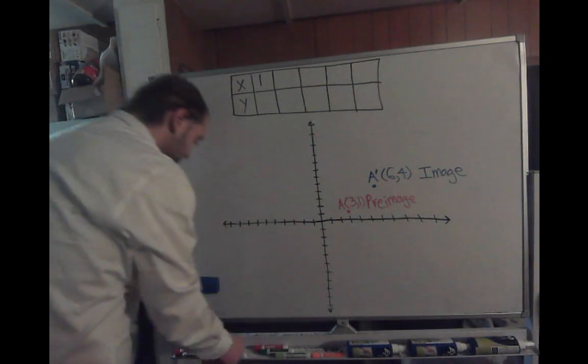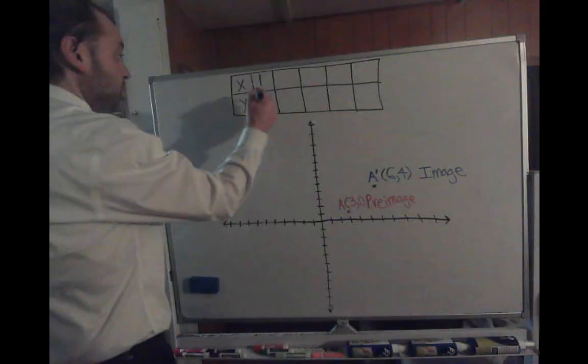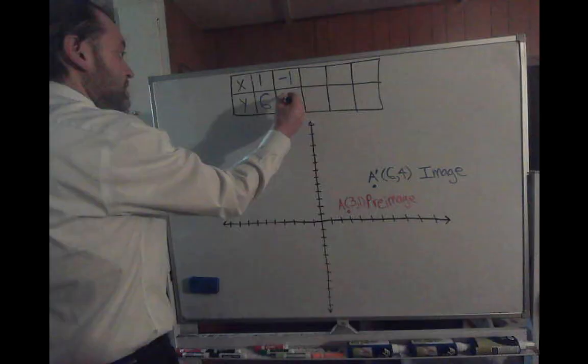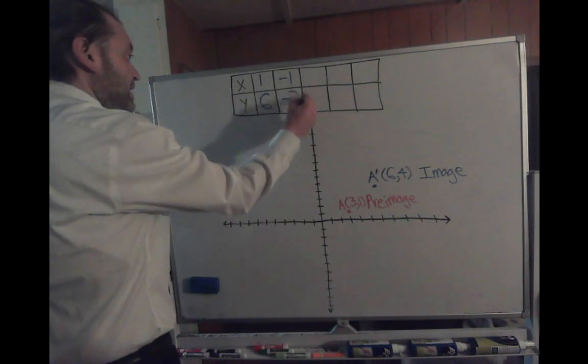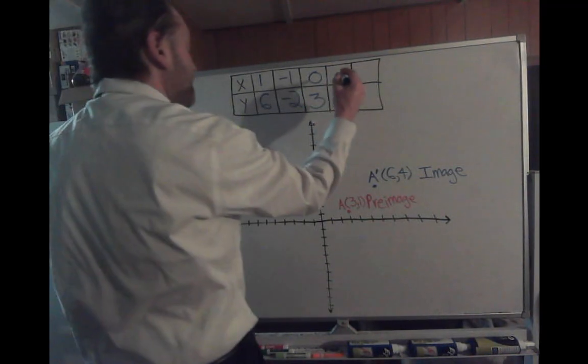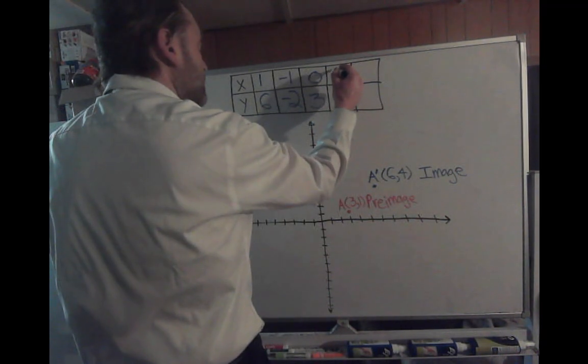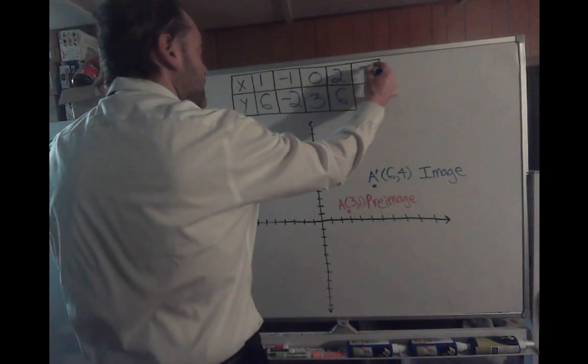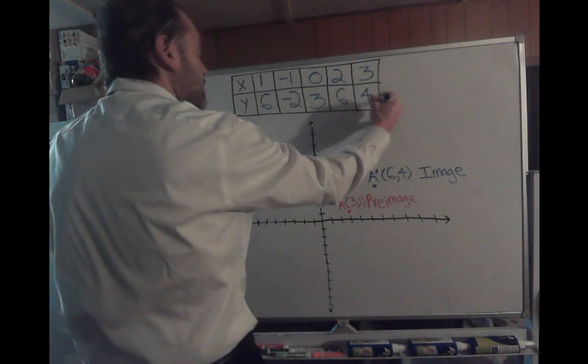Alright, so let's see. We have the points (1, 6), (-1, -2), (0, 3), (2, 6), and (3, 4).